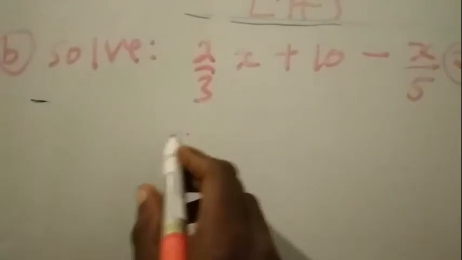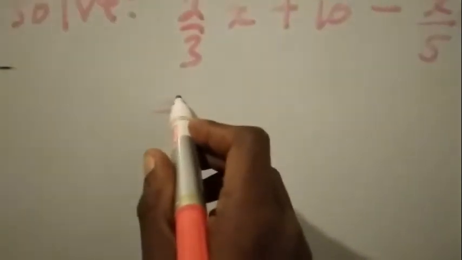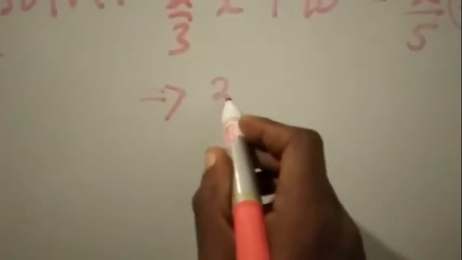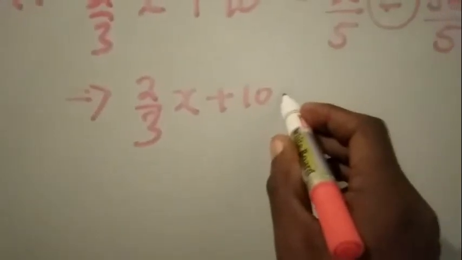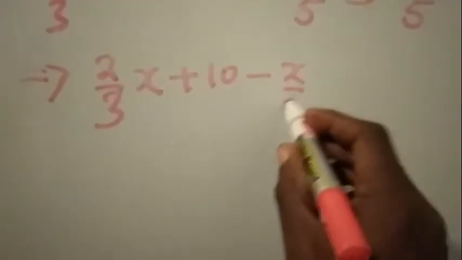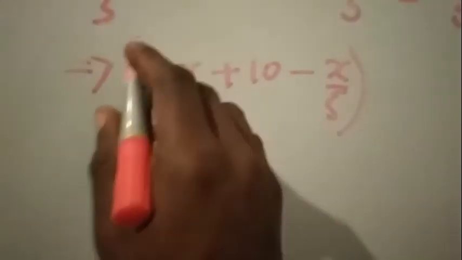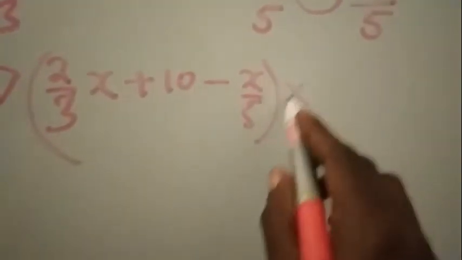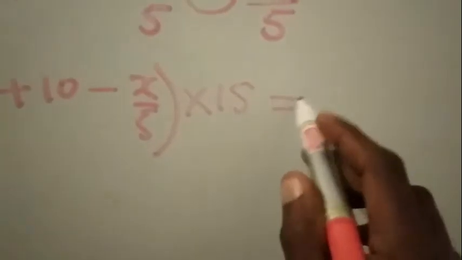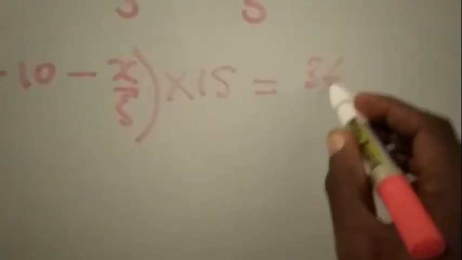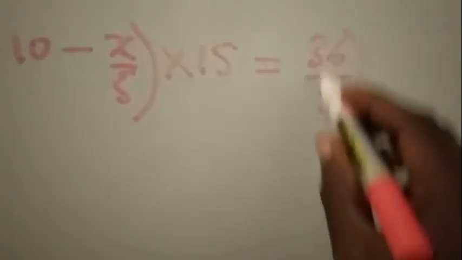So this is going to be 2 over 3 (x plus 10) minus x over 5, close the bracket, and multiply by 15, then equals 36 over 5.